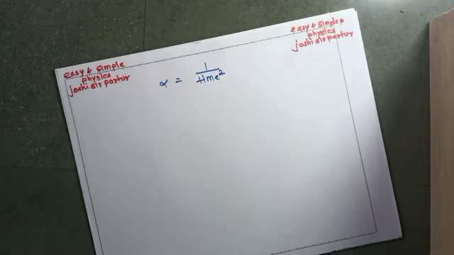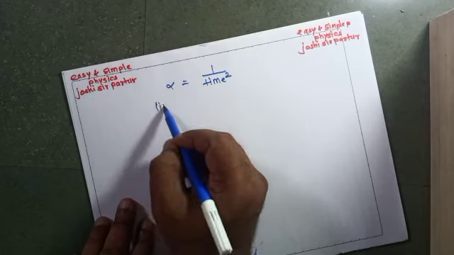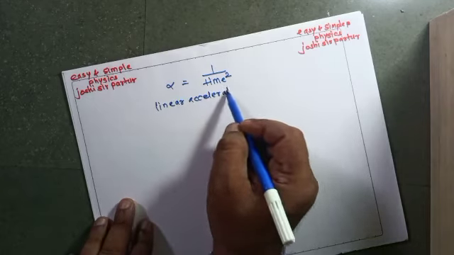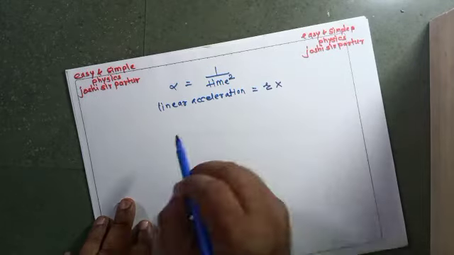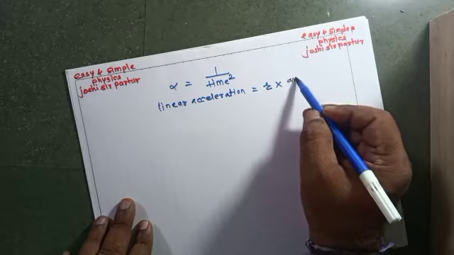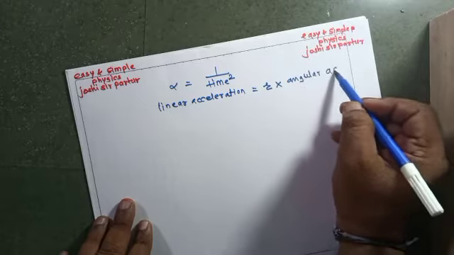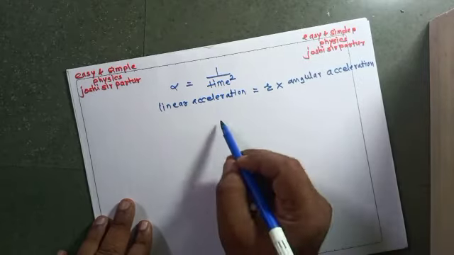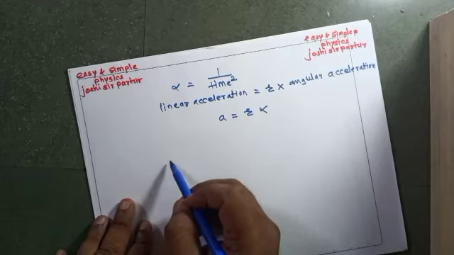Here also see the relation between linear and angular acceleration. Linear acceleration a is equal to r multiplied by angular acceleration alpha, so a equals r alpha.